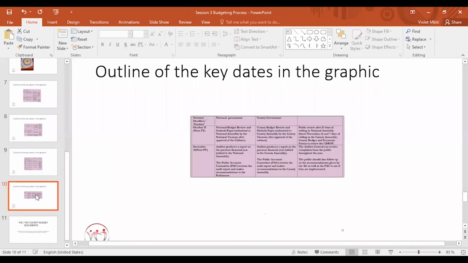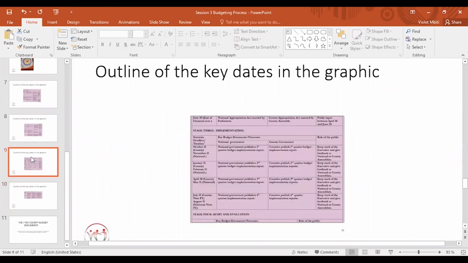Yes. Thanks for your question. If you want to review how the county has been performing, it is essential for you to look at the quarterly implementation reports.